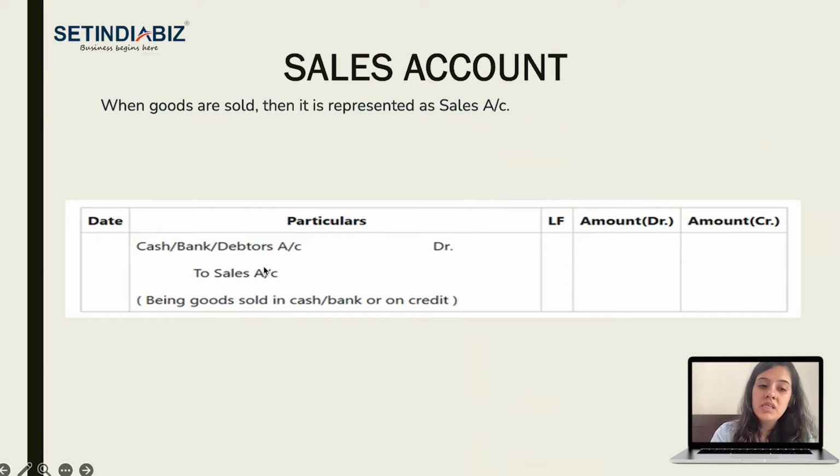So ABC company account debited to sales account. Being goods sold in cash or bank if it is sold on cash or if the check is received, and if it is sold on credit, we will just write being goods sold on credit. We will skip this. So either of these will come, right? We have just clubbed the summary in this.